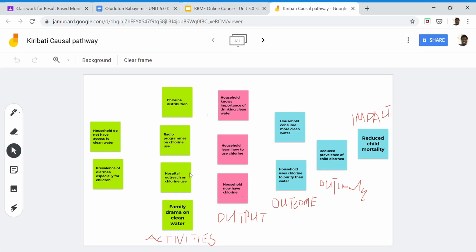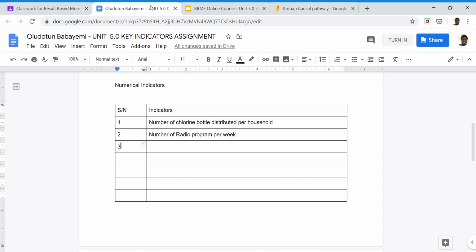Hospital outreach on chlorine use: I could say average hours of outreach per week.